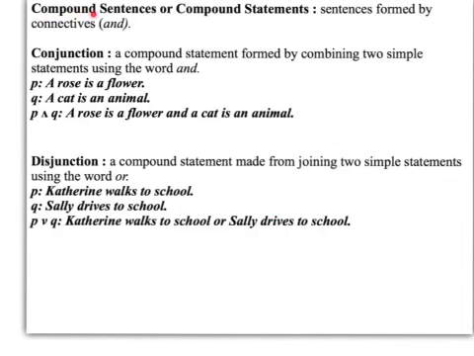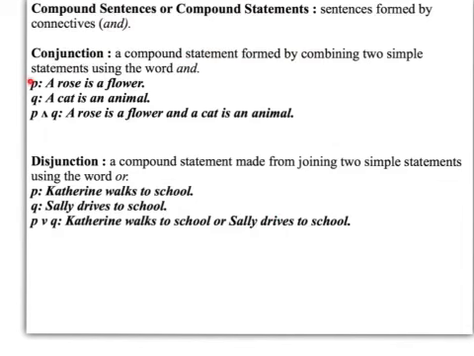So starting off, compound sentences or compound statements are formed by connectives. So you'll have a simple statement and a simple statement, connecting two simple statements to each other. A conjunction is a compound statement formed by combining two simple statements using the word and.